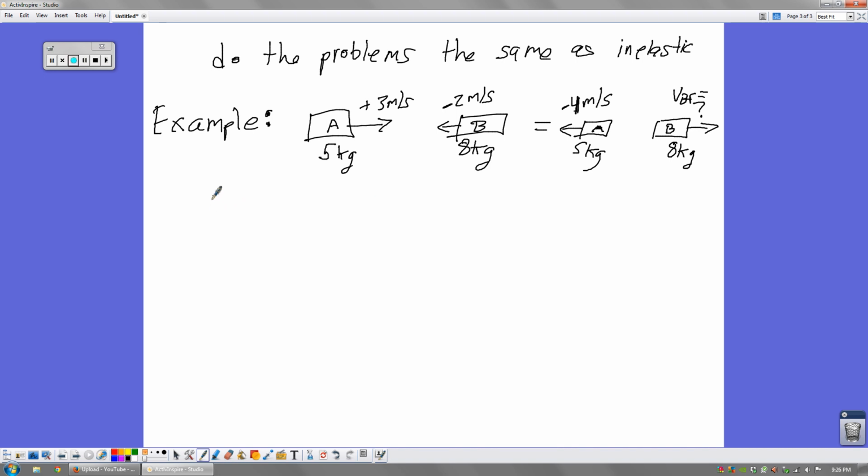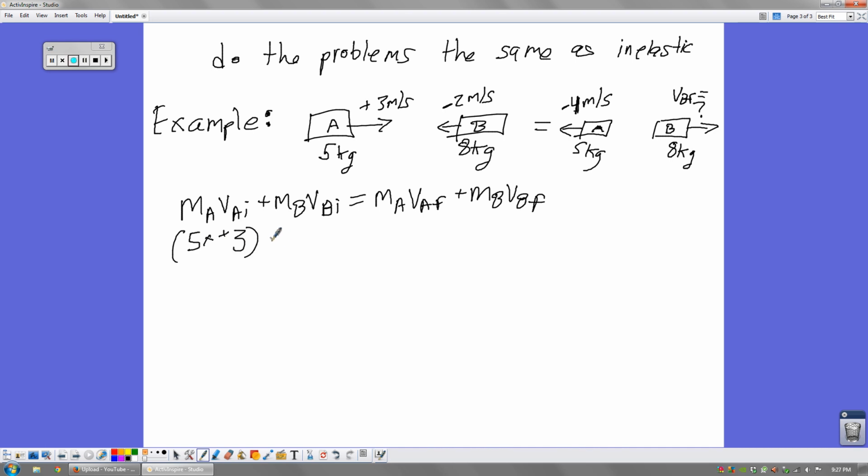Alright, well, let's write our very long equation. MAVA initial plus MBVB initial equals MAVA final plus MBVB final. Whew. Let's plug in numbers. I got 5 times positive 3. All right. I have 8 times negative 2.